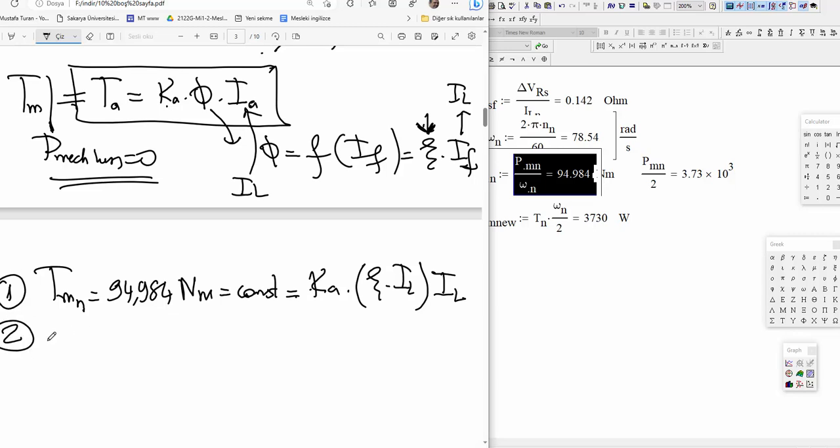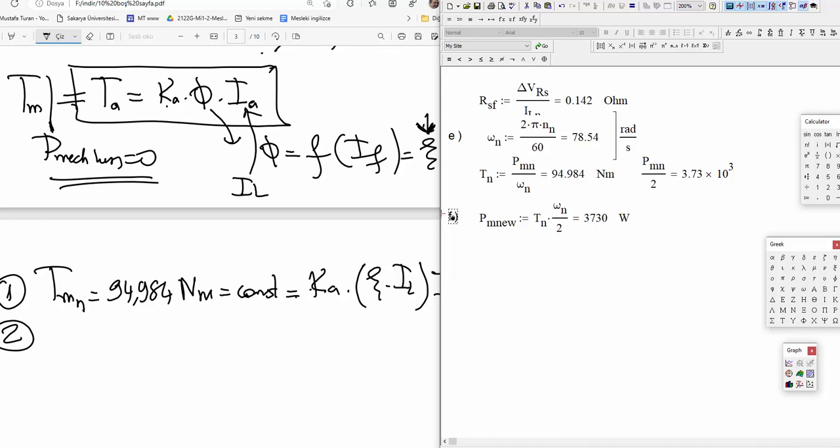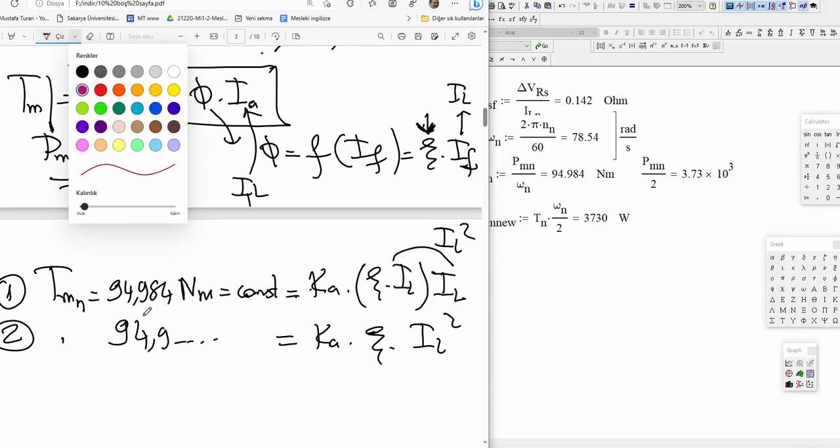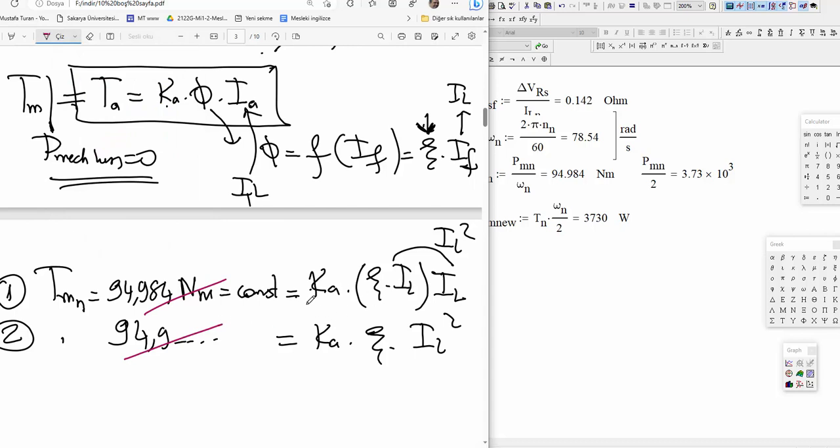In the second condition, or the condition asked in F, again, the left hand side is equal to blah blah. Here's Ka, machine coefficient, armature coefficient, it is constant. Here's a magnetic relation coefficient, it is constant. And here is I load squared. As you see, ladies and gentlemen, left hand sides are equal, coefficients are equal, so old current and new current must be equal.